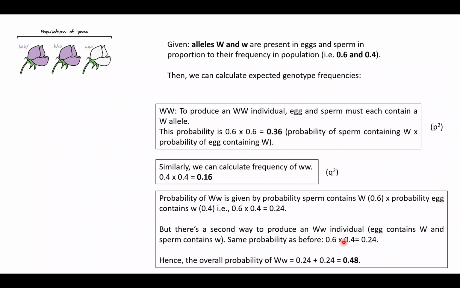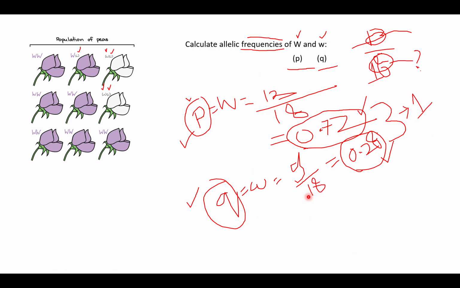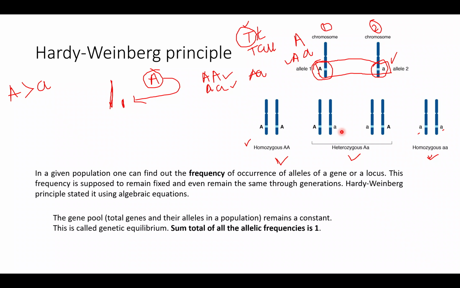So it is again 0.6 multiplied by 0.4, 0.24, and 0.24 twice, because this can happen twice. If you are not clear, see this picture. Capital A, small a can be here, small a and capital A can be here. Both are called heterozygous, capital A, small a. So in the heterozygous condition, it is 2 multiplied by the allele frequencies because there are two chances.